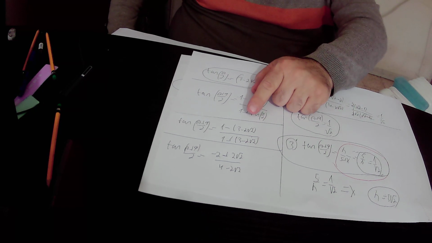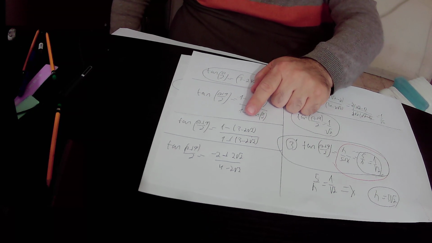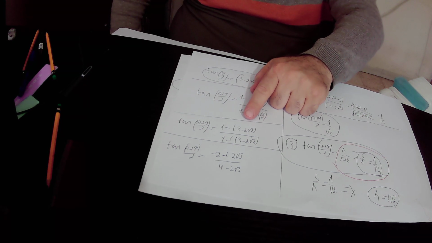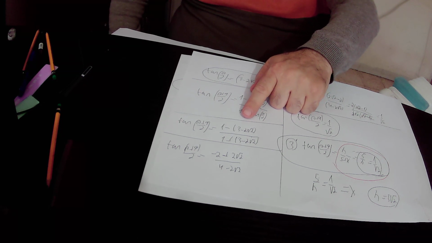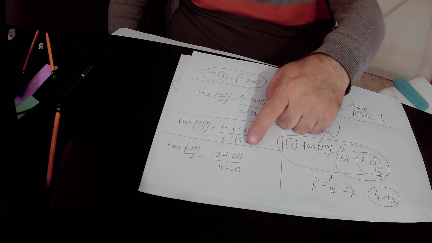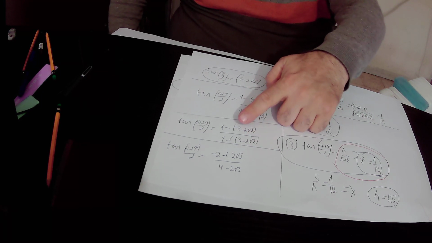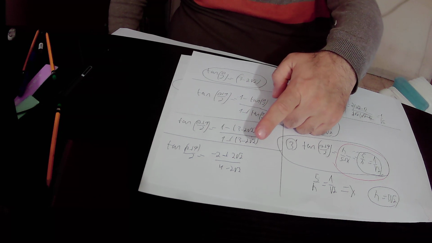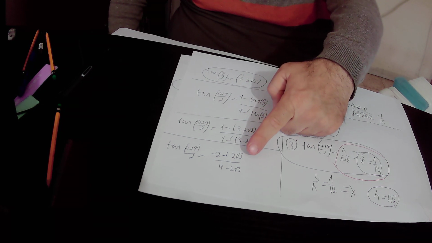In the numerator we have 1 minus 3, that is minus 2, and minus and minus is plus. So in the numerator we have minus 2 plus 2 times square root of 2. 3 plus 1 is 4, so in the denominator we have 4 minus 2 times square root of 2.